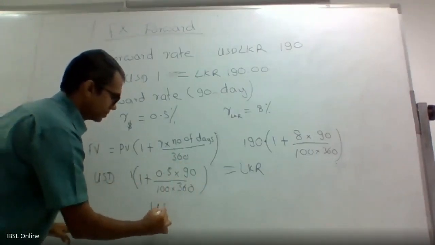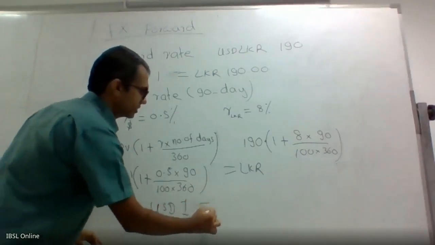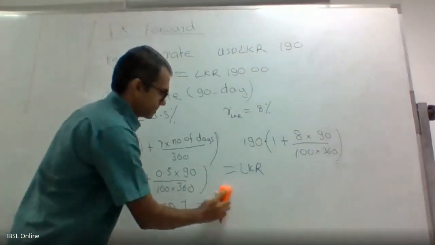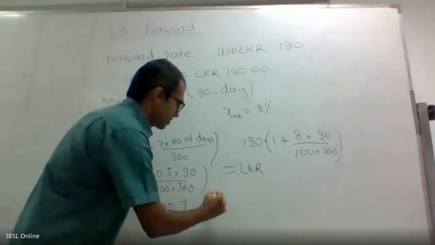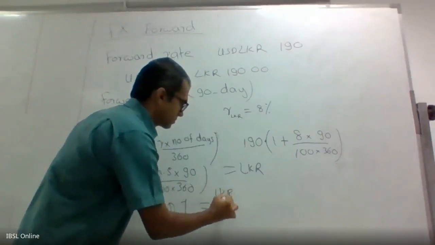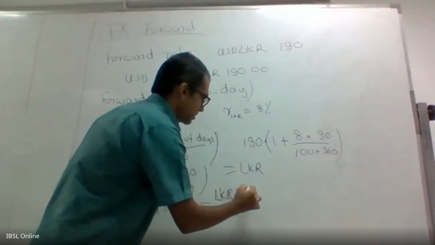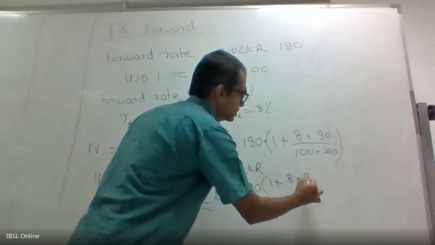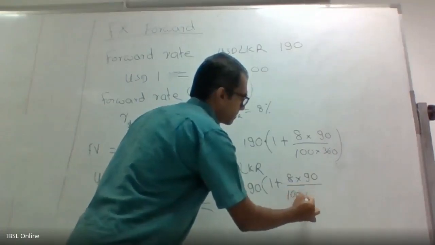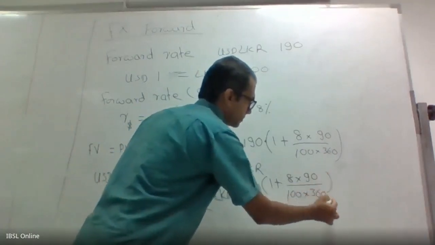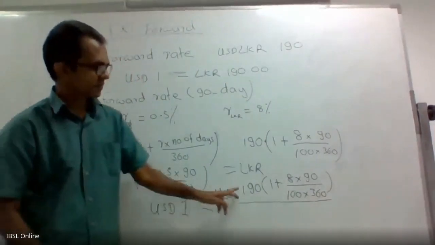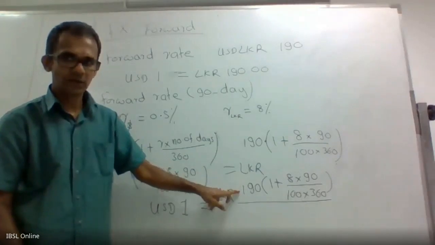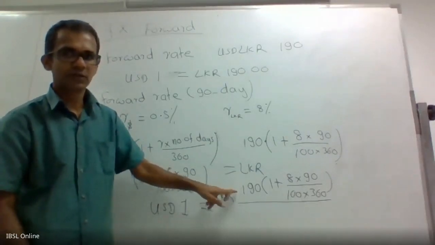Therefore $1 equals 190 times 1 plus 8 into 90 over 360, in LKR. What is this? The future value of the rupee amount.